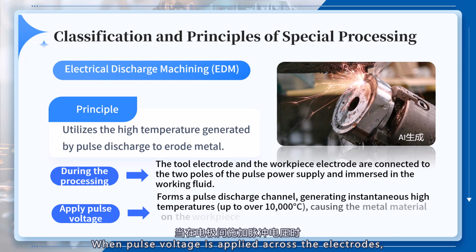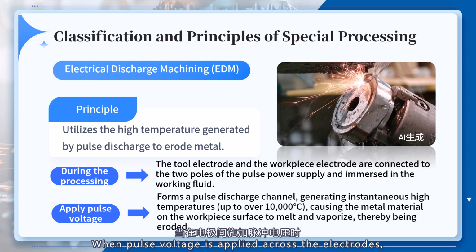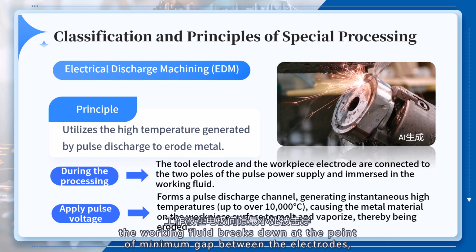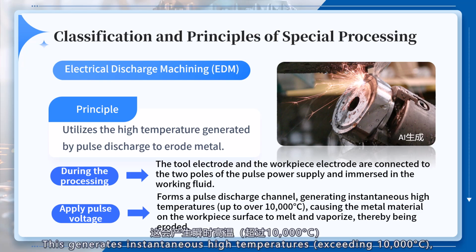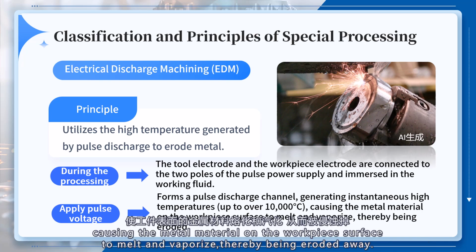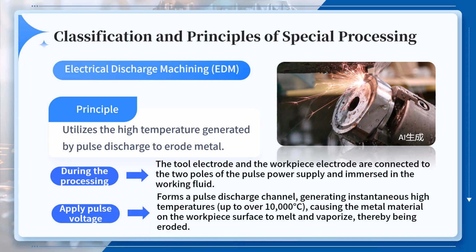When pulse voltage is applied across the electrodes, the working fluid breaks down at the point of minimum gap between the electrodes, forming a pulse discharge channel. This generates instantaneous high temperatures exceeding 10,000 degrees Celsius, causing the metal material on the workpiece surface to melt and vaporize, thereby being eroded away.